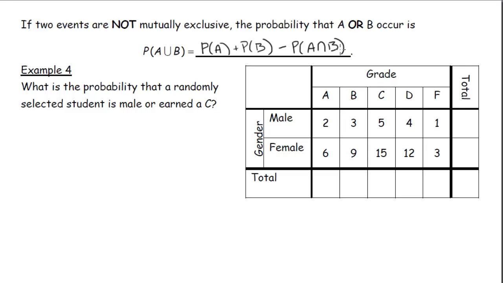So here I'm coming back to this contingency table we looked at in the last section for grades by gender. And I'm going to start off by filling out this contingency table with my totals here.